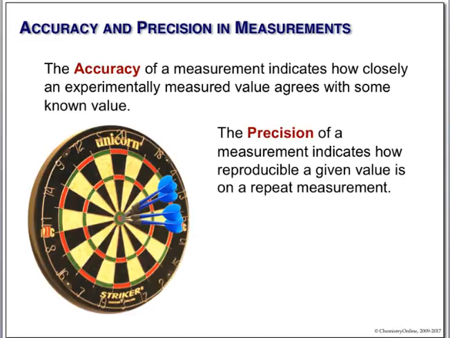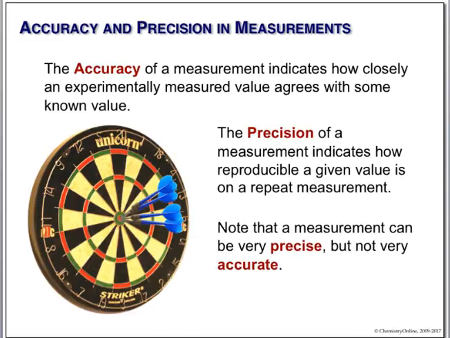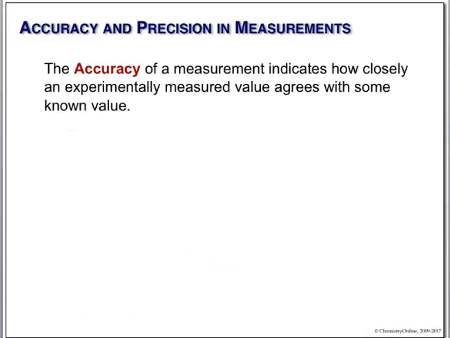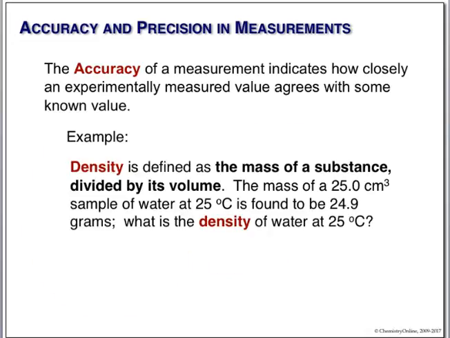We can show this in terms of a series of measurements using a simple graph. Let's say we're doing density. We know that density is mass divided by volume. Now in lab, we did water. In this little problem here, we say we have 25 cubic centimeters. The mass is 24.9 grams. What's the density?